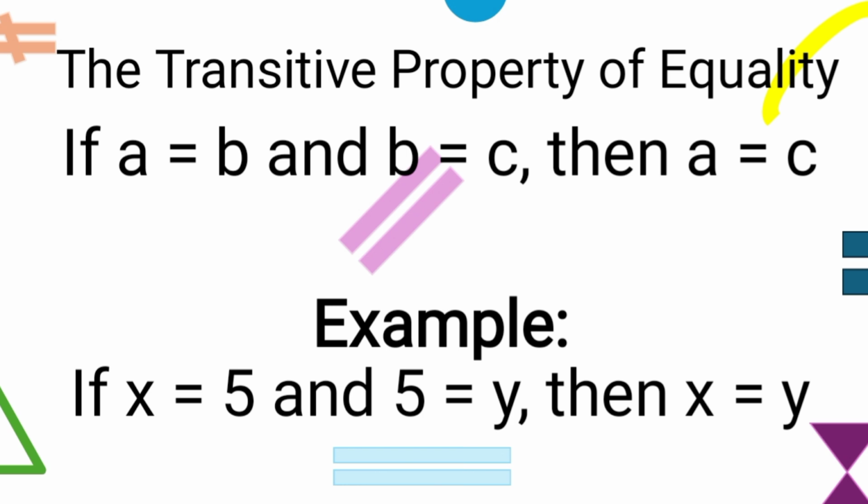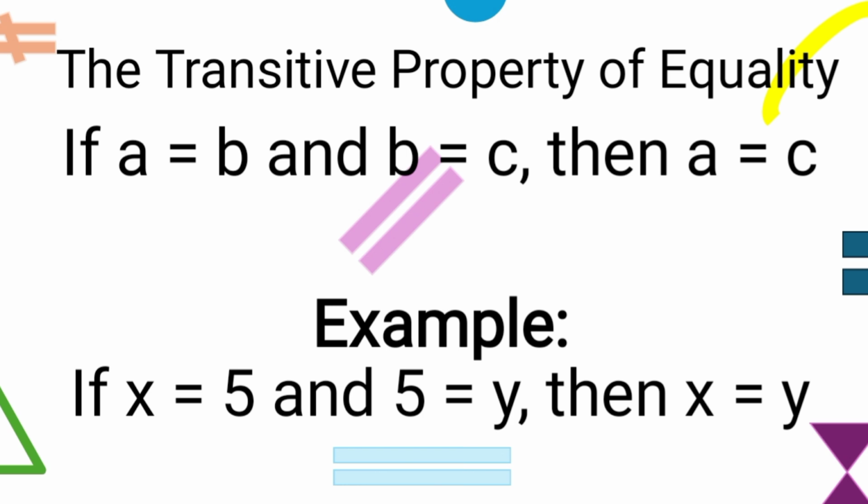The transitive property of equality states that if A is equal to B and B is equal to C, then A is equal to C. If two things are equal to a third thing, then they are equal to each other. For example, if x is equal to 5 and 5 is equal to y, then x is equal to y. This property allows you to transfer equality between different variables or expressions.